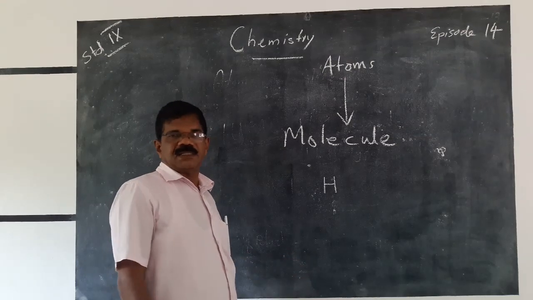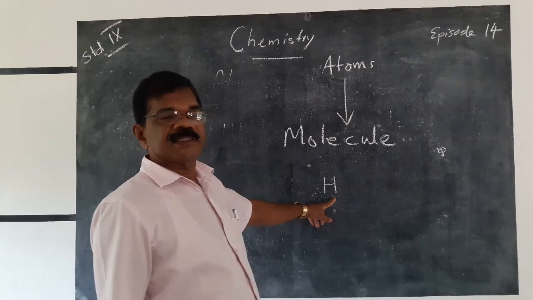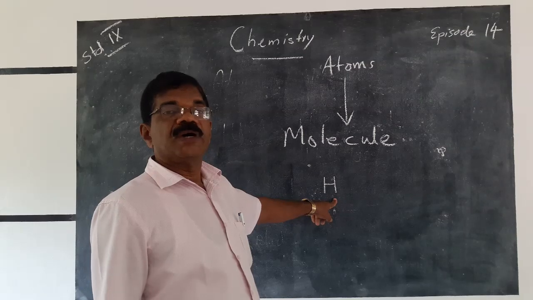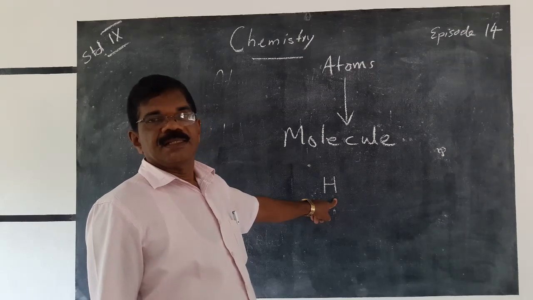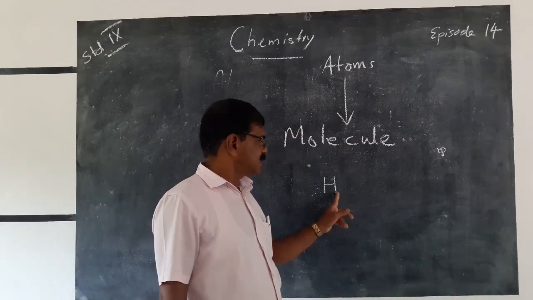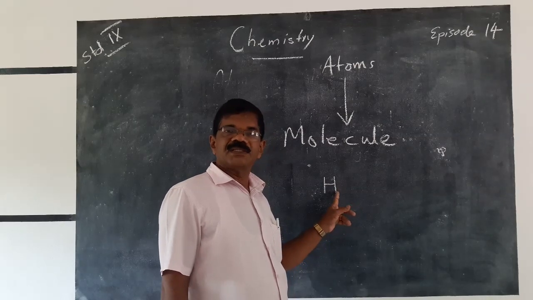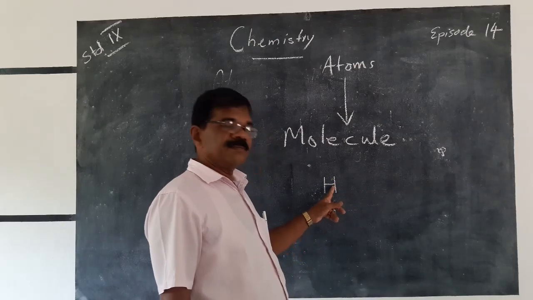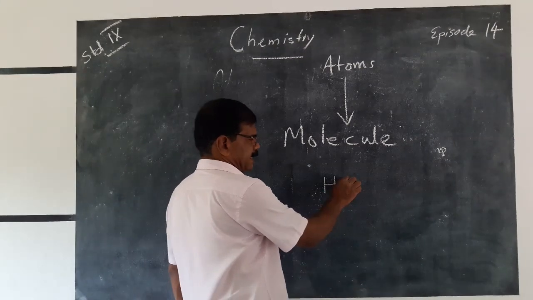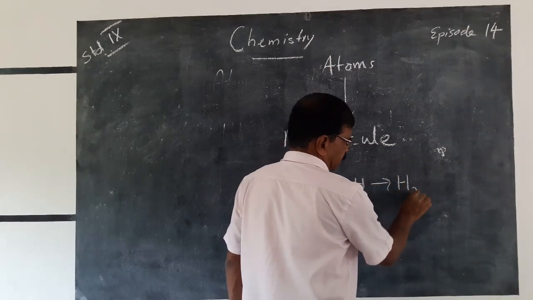H represents, as I said in the previous class, that the symbol of an element represents one atom of the element. H represents one hydrogen atom. This H cannot exist as a single hydrogen atom in the universe. The moment it is produced, it combines with another hydrogen atom to form a hydrogen molecule.